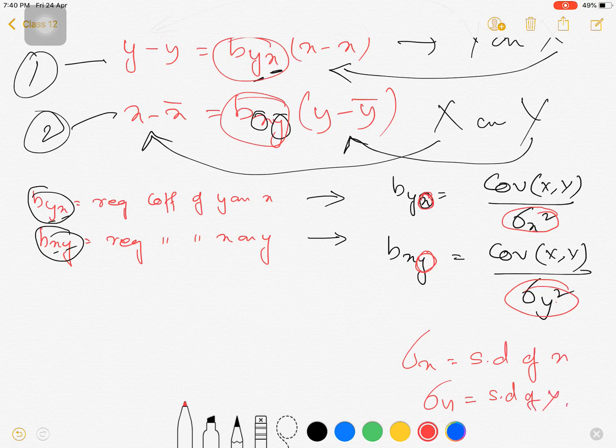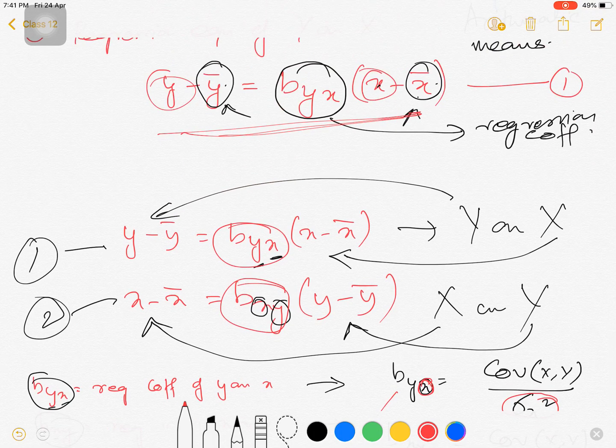You are already aware of this. So this is how the first basic formula works, where byx means regression coefficient of y on x, and bxy means regression coefficient of x on y. This is the first basic formula and understanding.